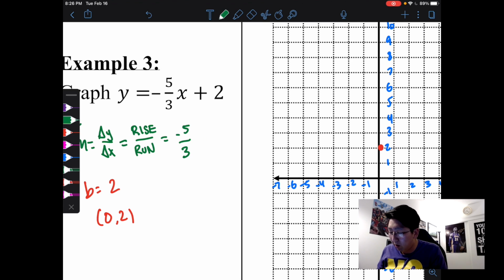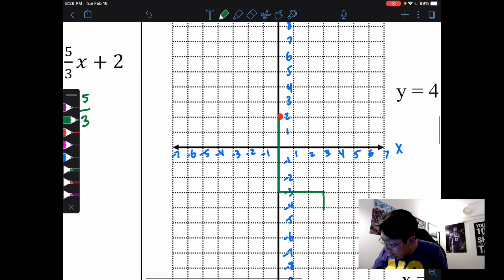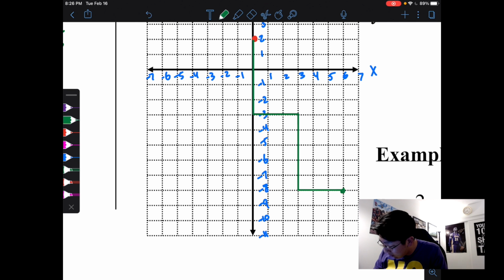And our slope, okay, is change in y over change in x. It's going to go down 5, but run 3. Down 5, but run 3. 1, 2, 3. So I have a point here, point here. I'm going to extend my line. Oops.